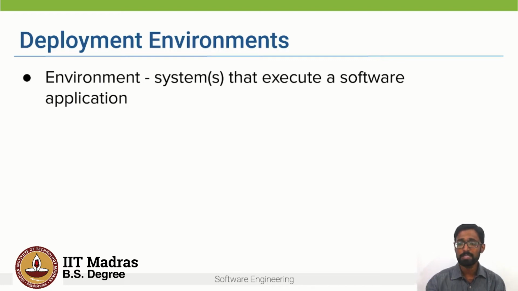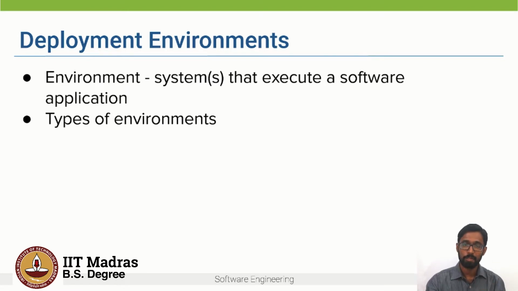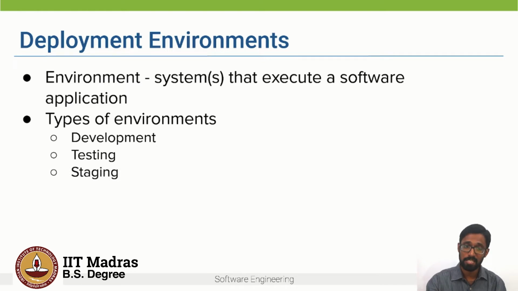So what are these different environments? There are different types of environments. We will look at a development environment, then a testing environment, a staging environment, and a production environment.